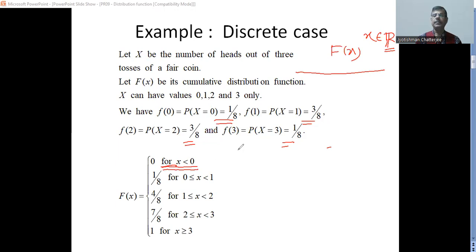Suppose x is less than 0. In that case, what happens? We already know this is nothing but the summation over i such that xi is less than or equal to x.